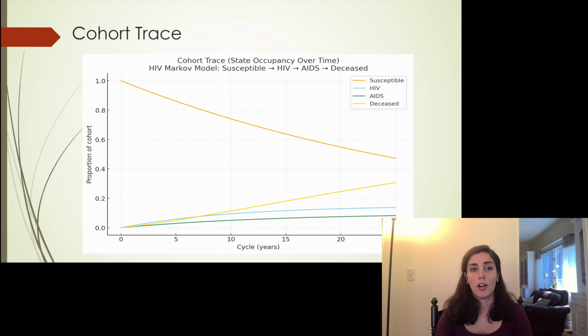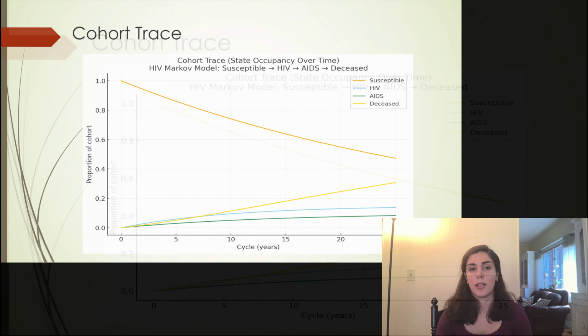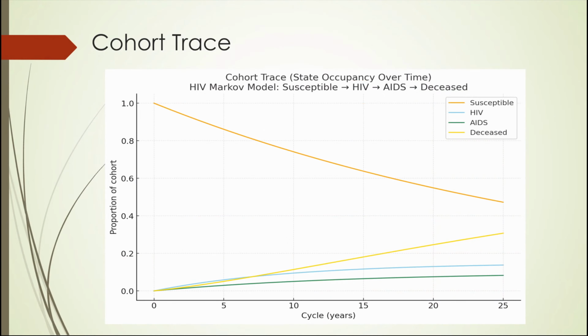The results of a Markov model are usually reported by way of a cohort trace, in which we have the proportion of the whole cohort on the vertical axis, and the years that we want to model the intervention on the horizontal axis.